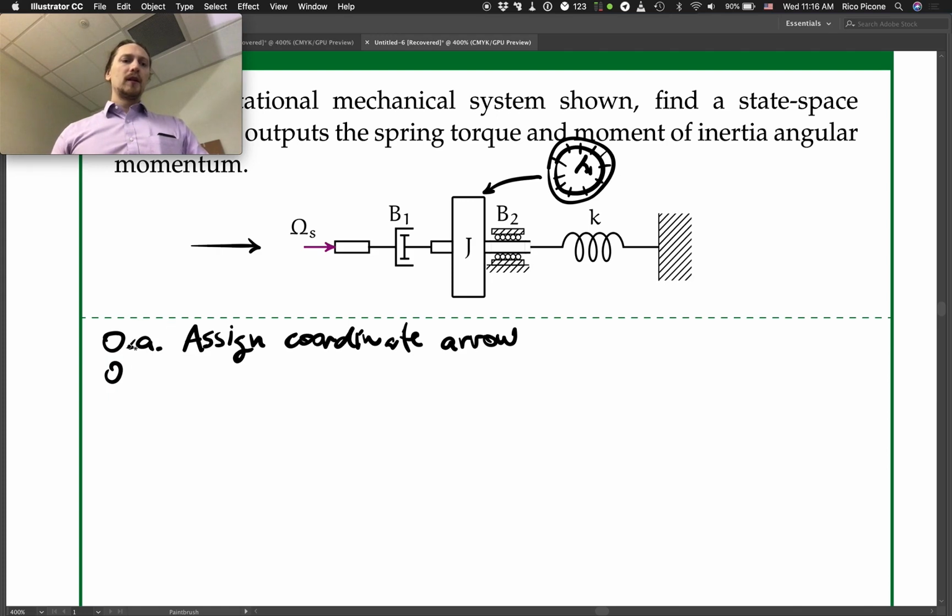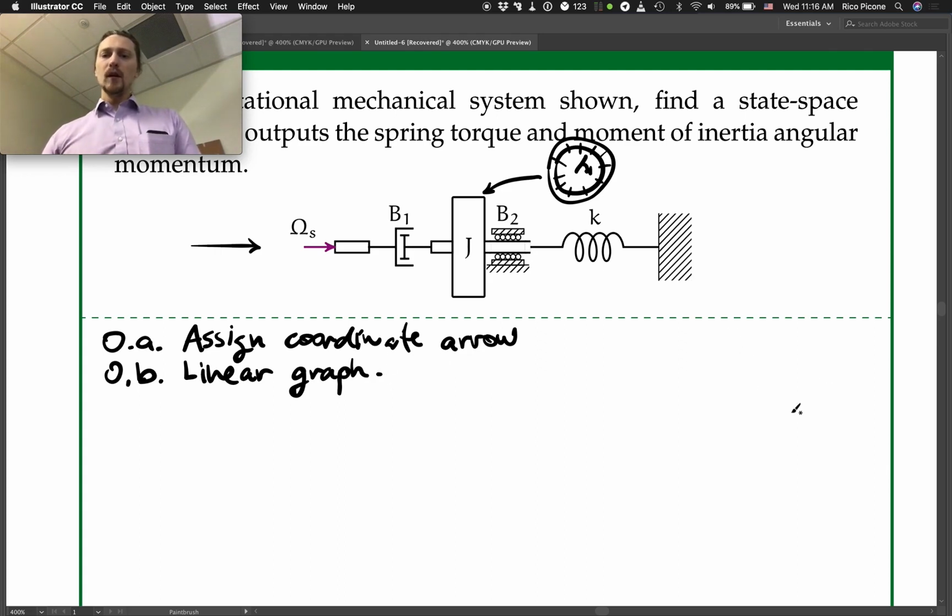Okay. Now, we are ready to draw our linear graph. So we're definitely going to have a ground, and we need to choose the nodes for the system.